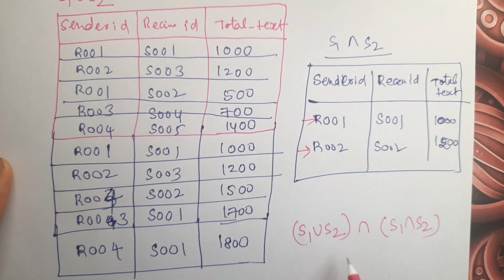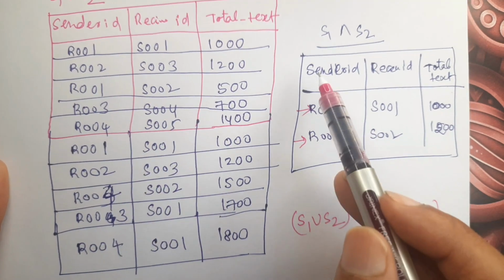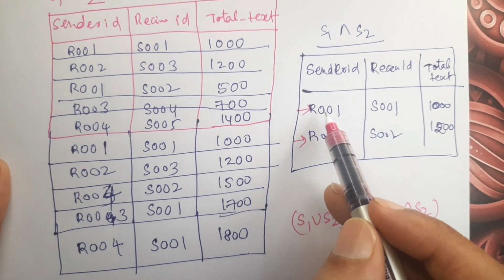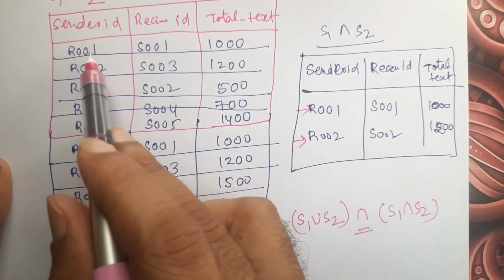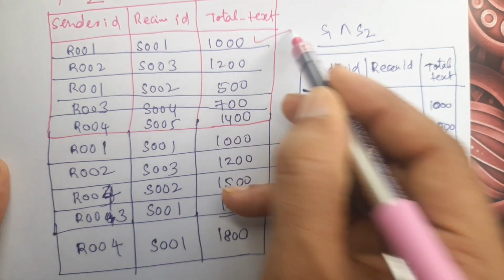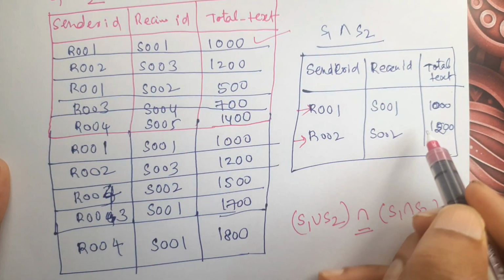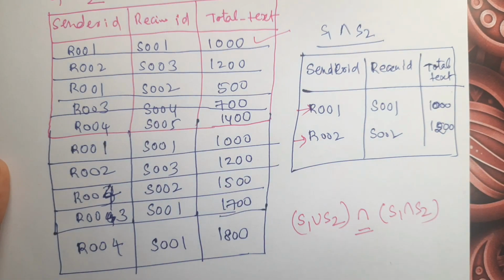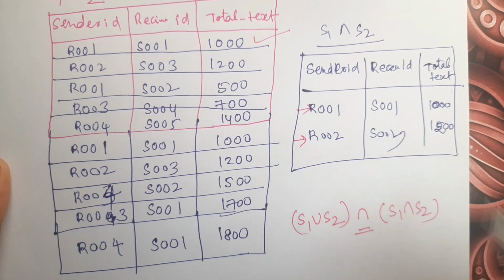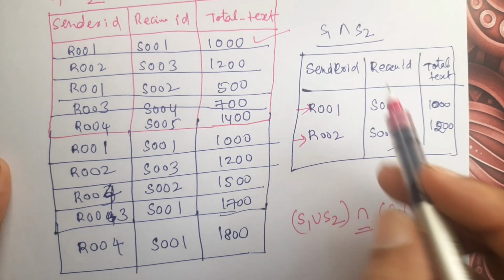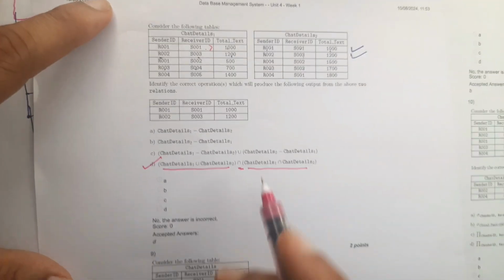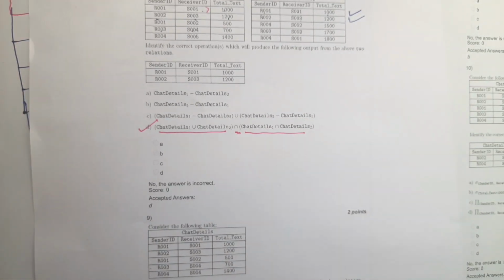This is S1 union S2, and this is S1 intersection S2. Now the common things between these two: R001 S001 1000, R001 S001 1000. So it is a common value. R2 S3 1200. R3 S1 1200. So the final answer for this question is found this way.